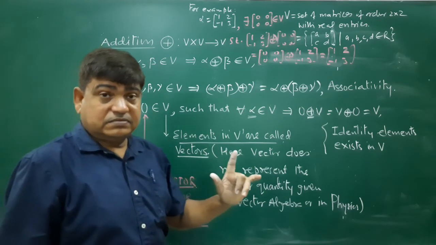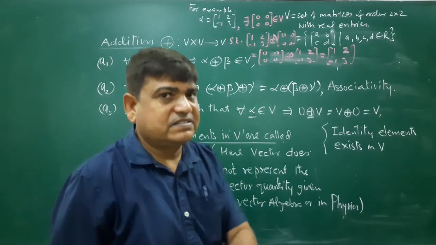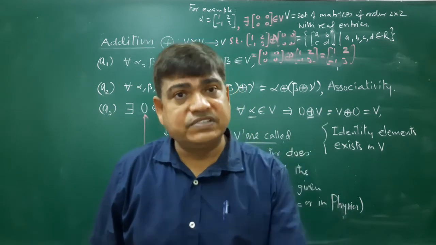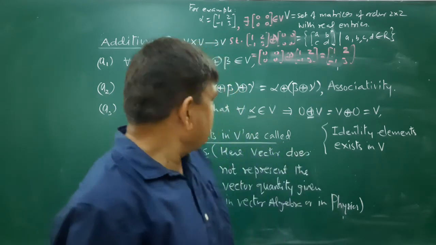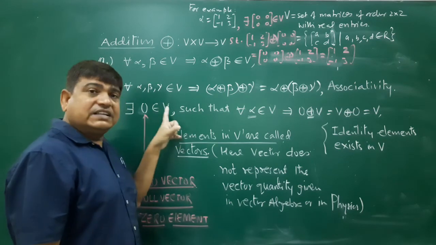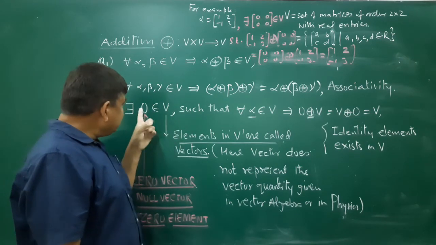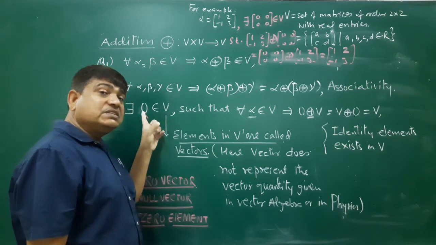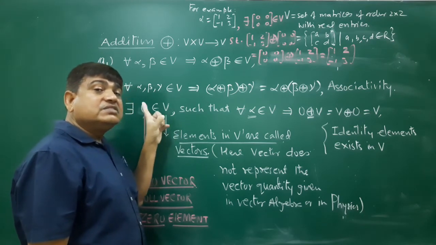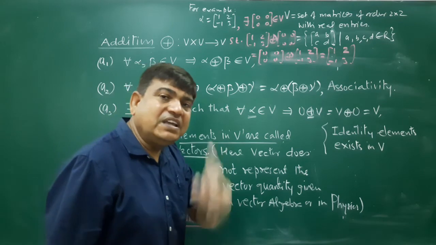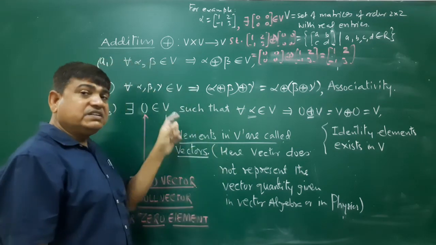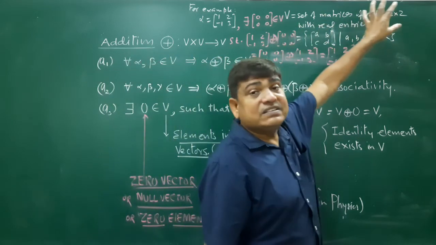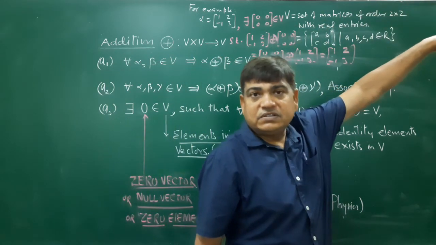That's why mathematics requires 100% communication. So here is the set V, and this element is a member of V, so this is not 0, this is the 0 vector, because the name of an element of V is vector. And here V is the set of matrices of order 2 by 2.